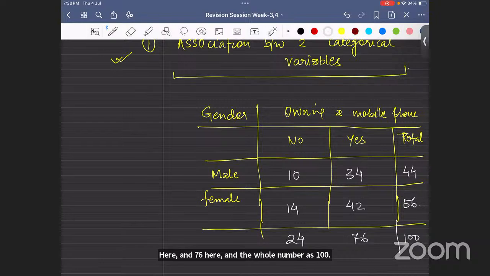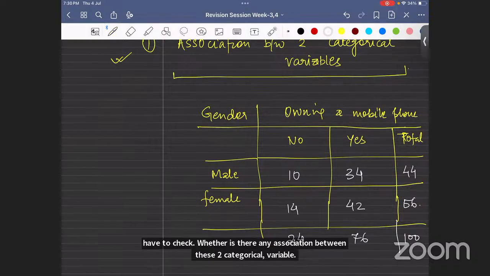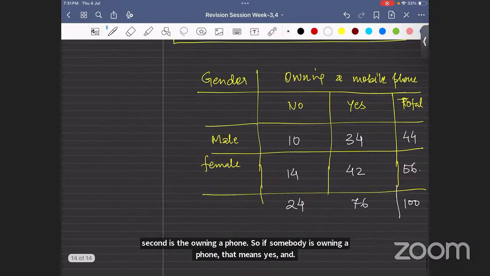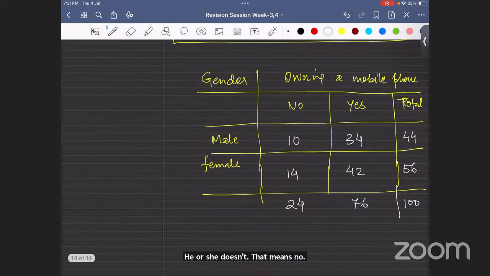So out of 100 observations, 44 are male and 56 are female. Now you have to check whether there is any association between these two categorical variables. The first categorical variable is gender, and the second is owning a phone. If somebody is owning a phone, that means yes, and if he or she doesn't, that means no. Now we have to check whether there is a relation between those two or not.